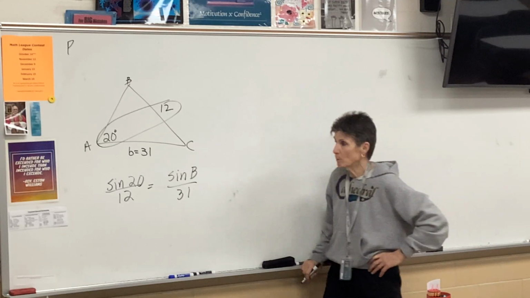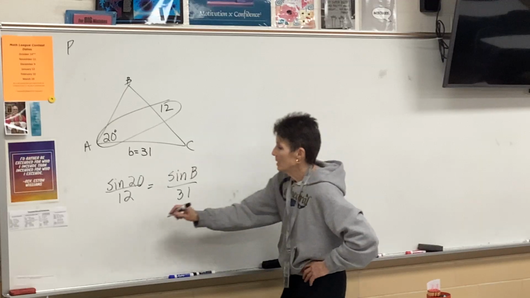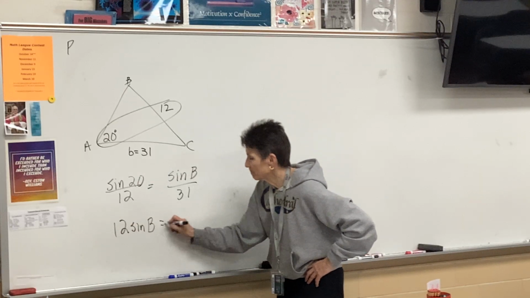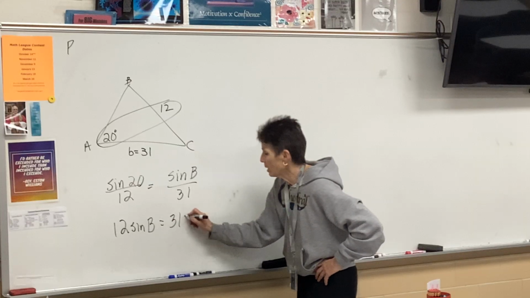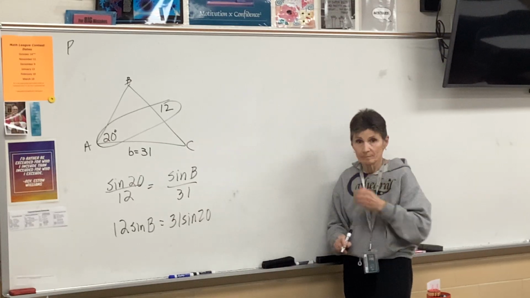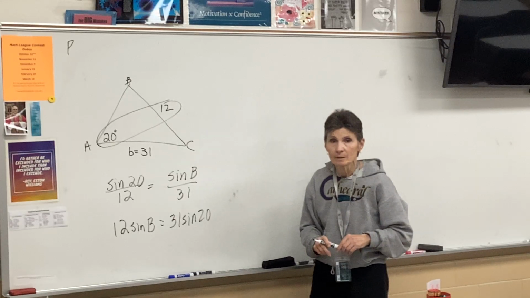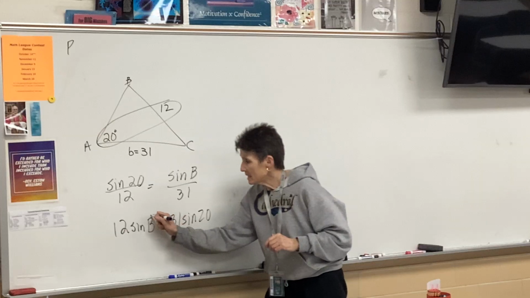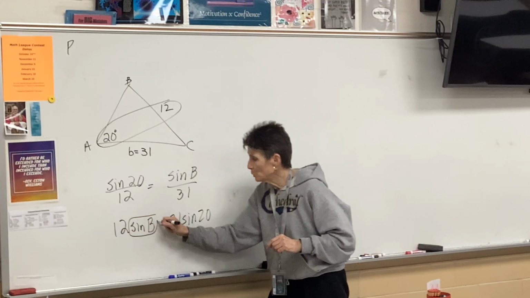Now let's cross multiply. 12 sine B equals 31 sine 20. Now I want you to listen very carefully to me. These are glued together.